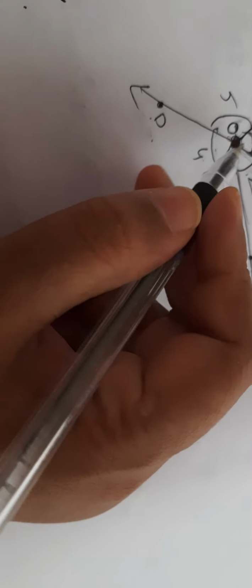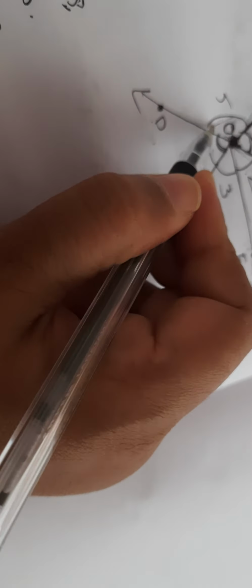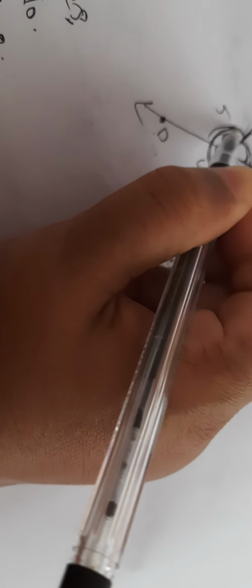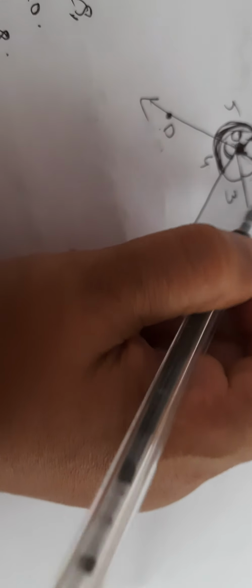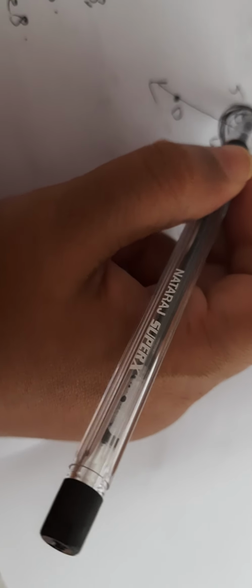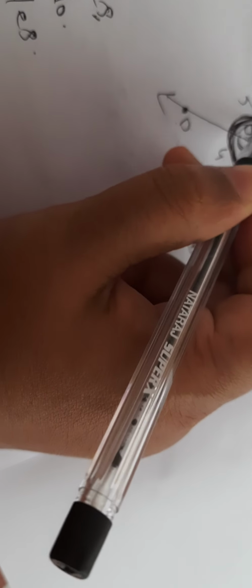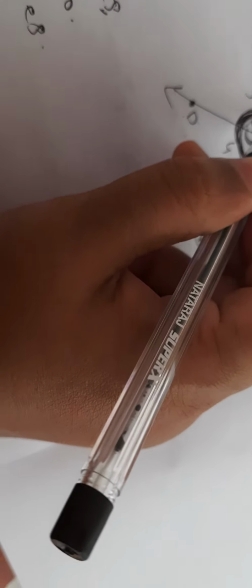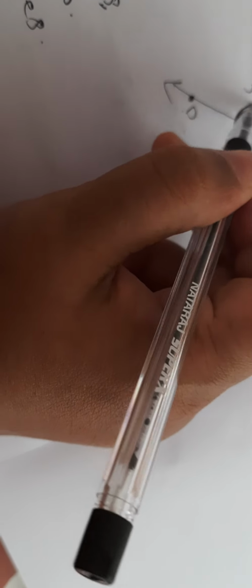Here you will get this one and this one. When you add both, you will get 180 degrees. So AOD and AOB, BOD and DOA, both are supplementary, because supplementary means 180 degrees. So it is yes.